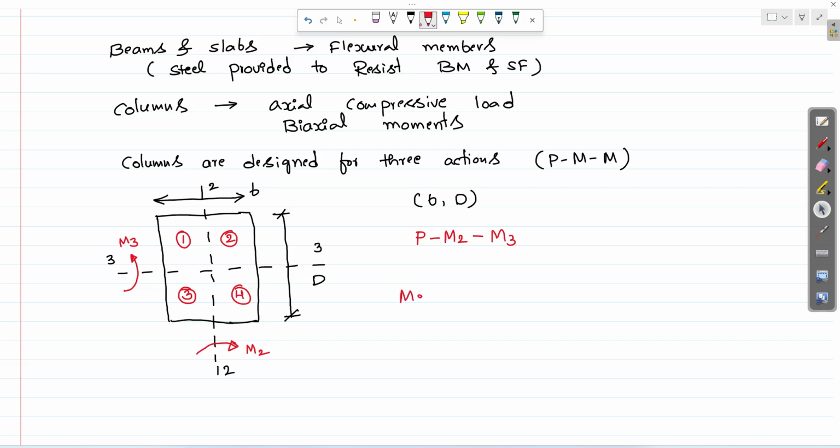Because of M2, I will change the direction. So I will take this direction, M2.